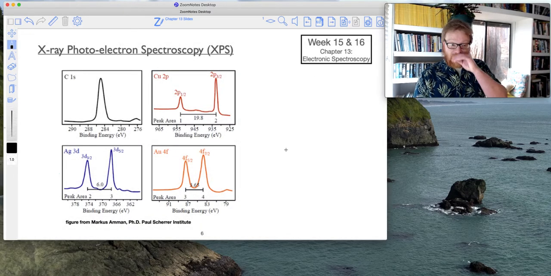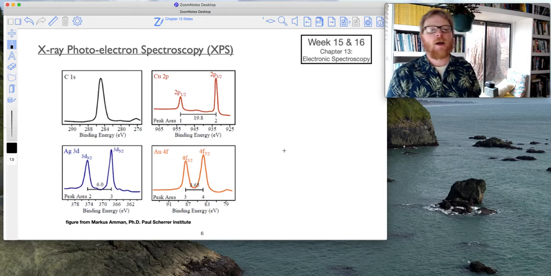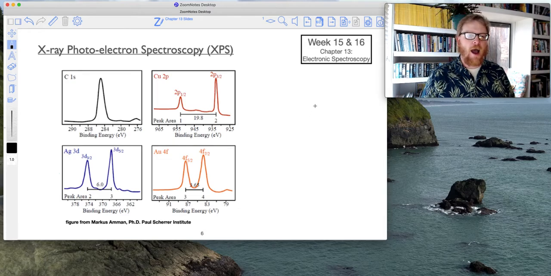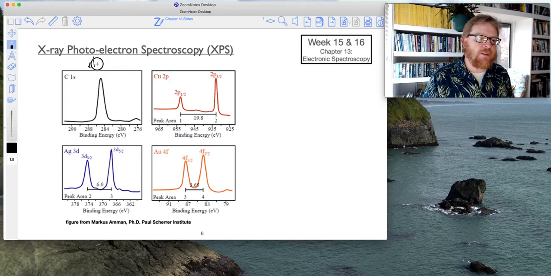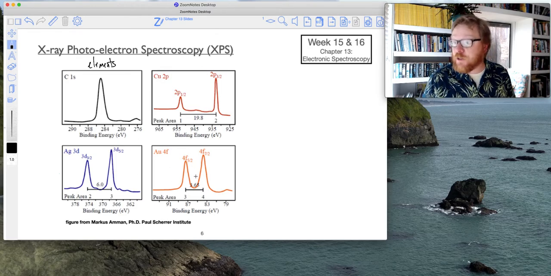So here is a closer view of some various elements, and I want to talk about these peak shapes. We can see here carbon 1s. All of these are elements, so we don't have any molecular structures here.